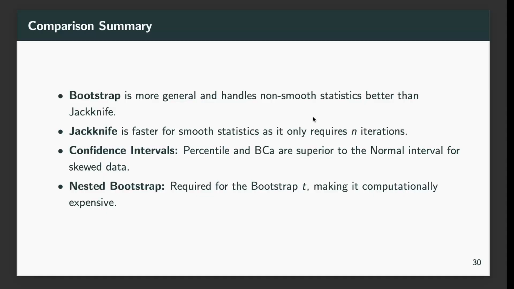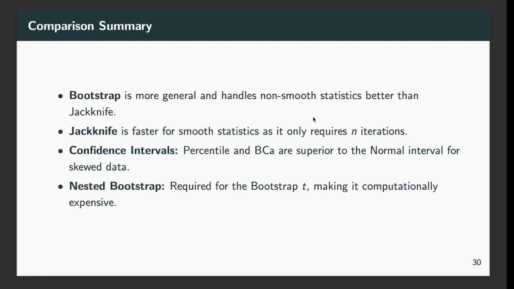So if you have smooth statistics like the mean, correlation, or regression, you probably want to use a Jackknife, which produces a deterministic result with exactly the same number of evaluations as your sample size. If you want to run Bootstrap for a smooth statistic, you probably need to run it for 1,000 or hundreds of evaluations.